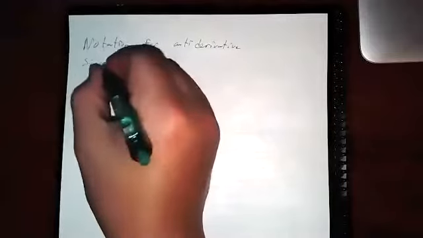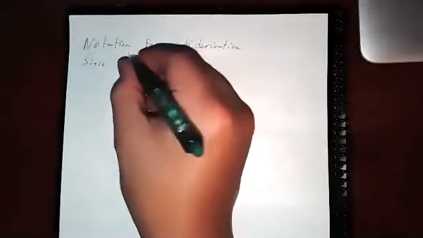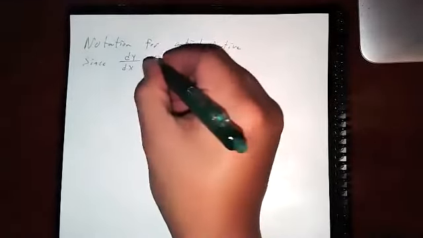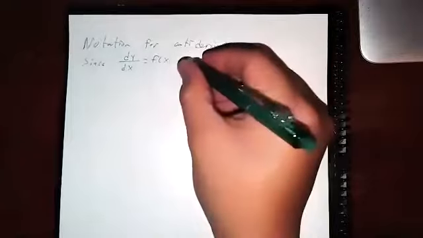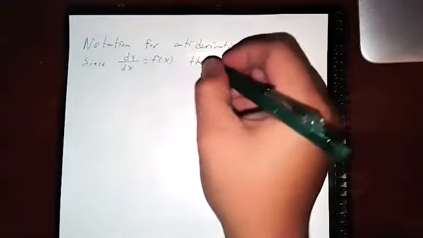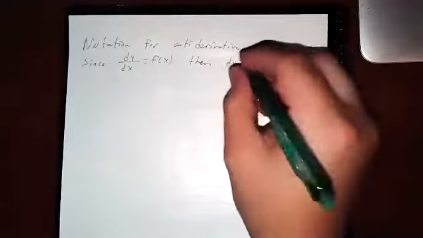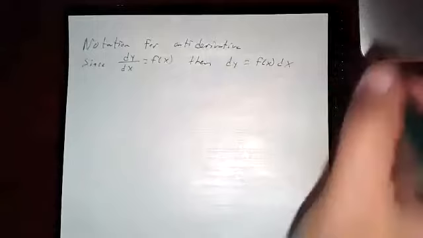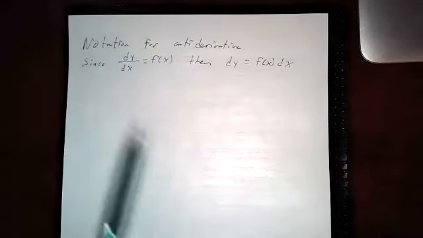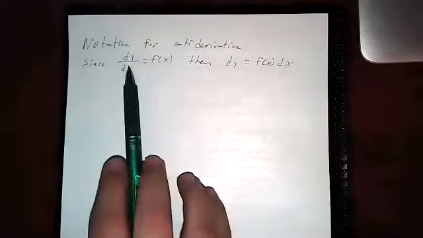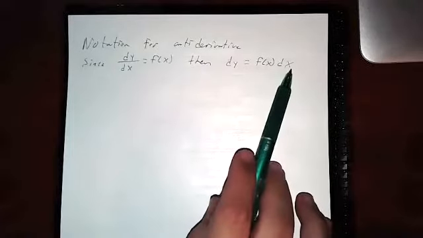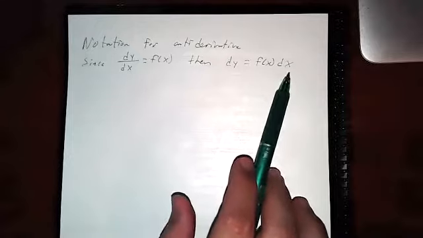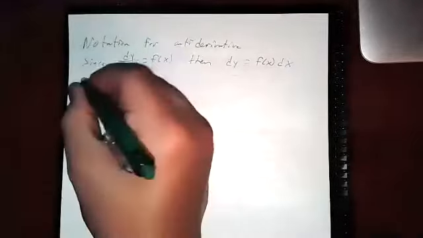Since dy dx is equal to f of x, then dy is equal to f of x dx, right? Technically, I could separate this and put the dx over here with multiplication, correct? Yes. All right.